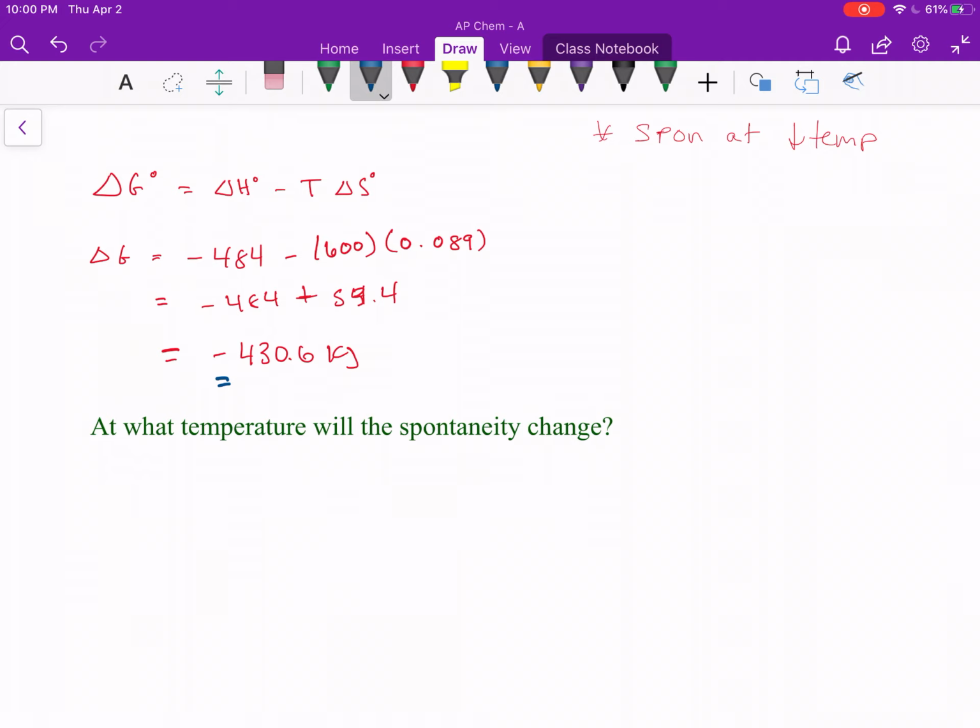Well, in this case, again, we're going to attack this by saying we have delta G equals delta H, and again, our naught signs, minus T delta S, right? But this time we want to know what that temperature is. We're looking for that. And so how do we know it? Well, we know it changes spontaneity when it goes from being a positive to a negative.